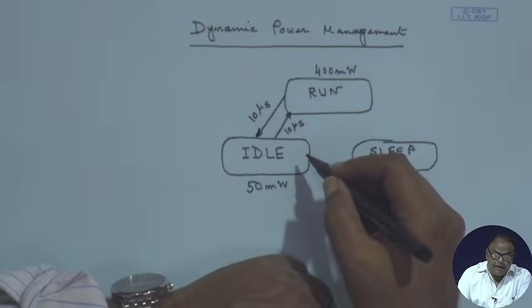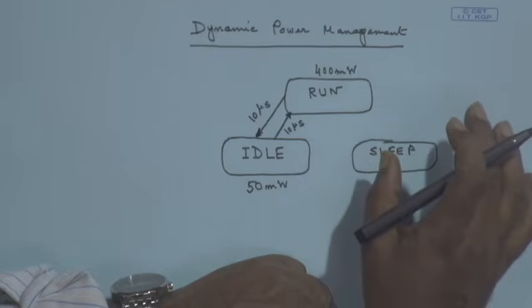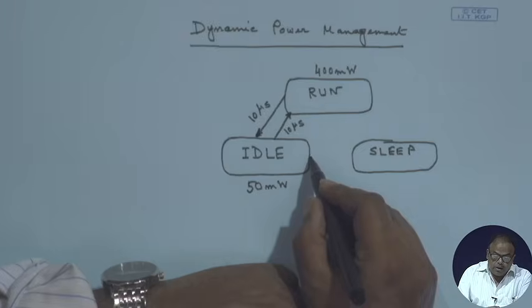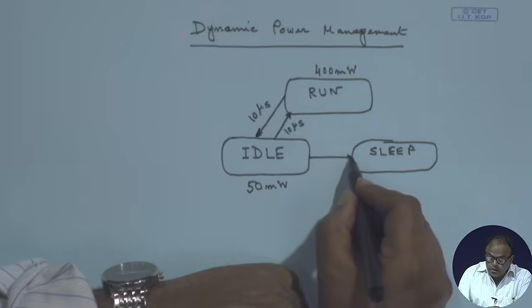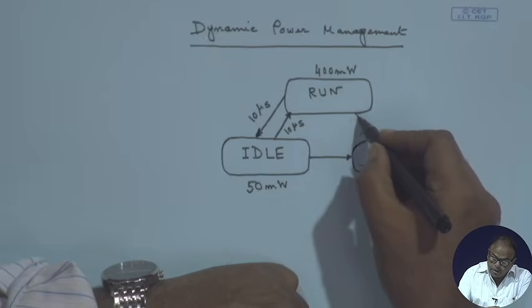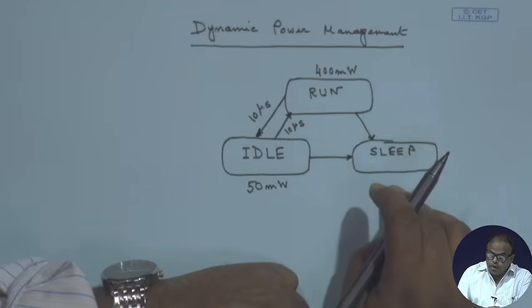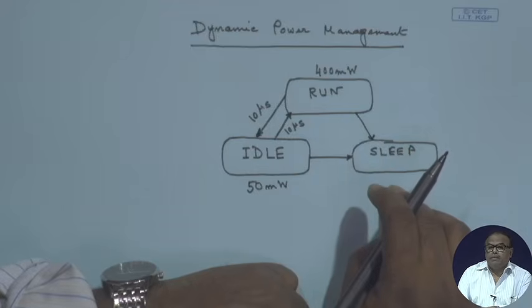But there may be cases when we really want to shut it down. At that point of time, we can go from here to the sleep mode, or also from here to the sleep mode. So, in the sleep mode it is a shutdown of the on chip activity. Okay.